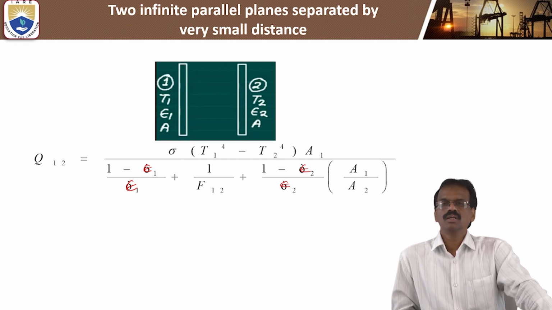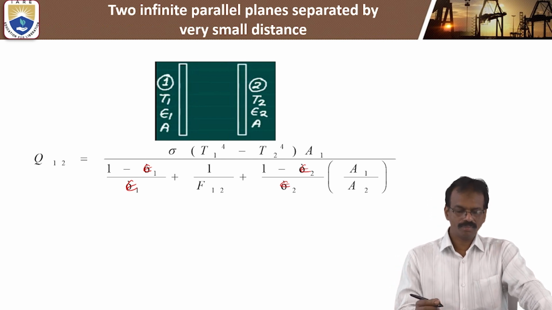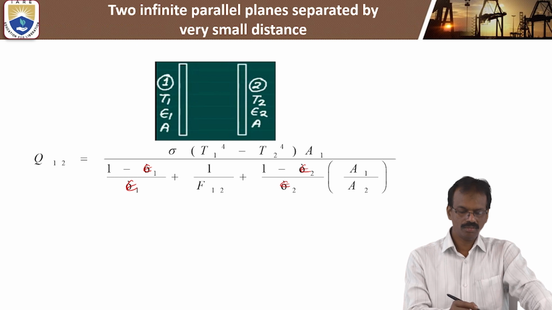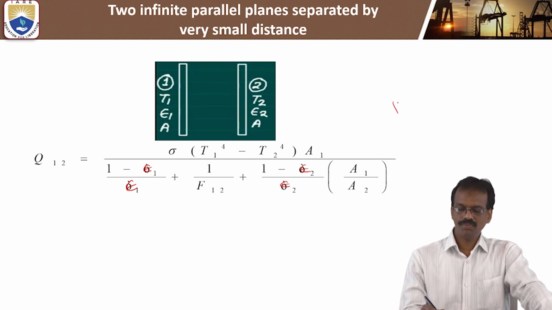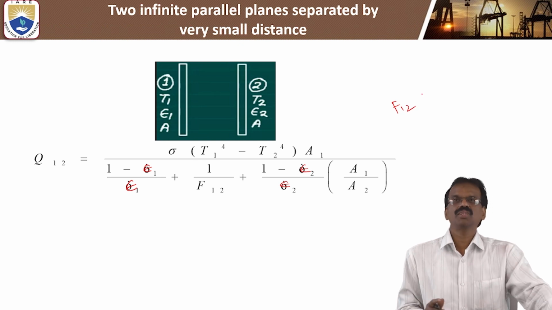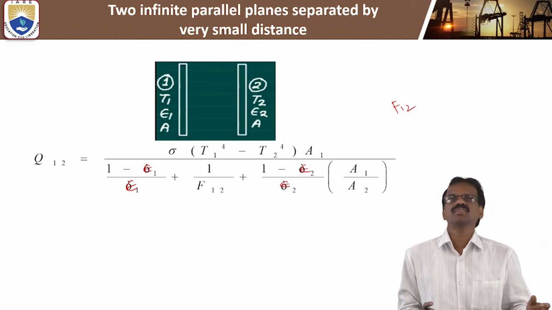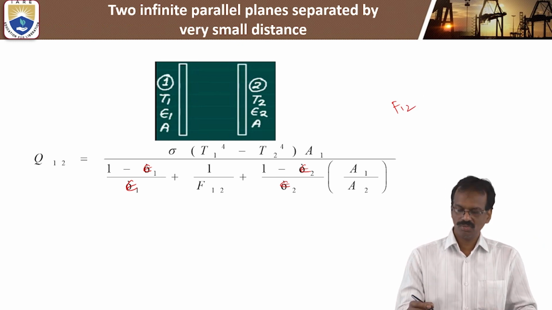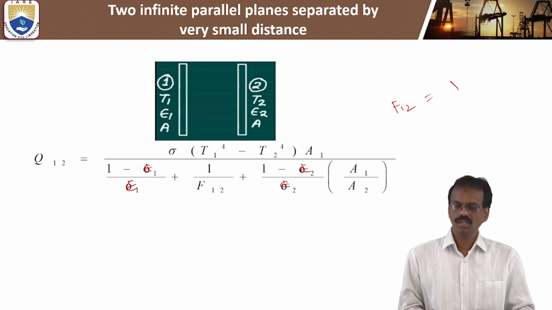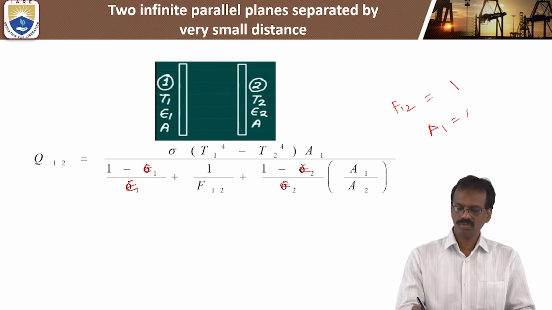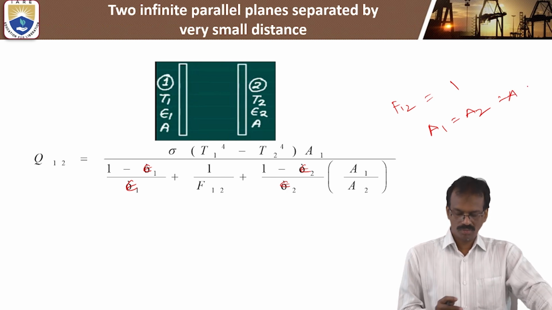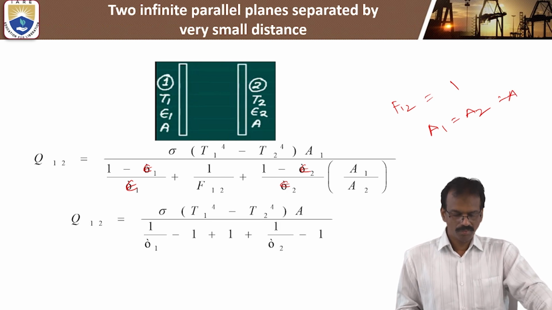Here you know that the view factor F12 between the two parallel plates separated by a small distance is equal to 1, and the areas A1 is equal to A2 is equal to A. So we can substitute these values in this formula and we will get the final value.